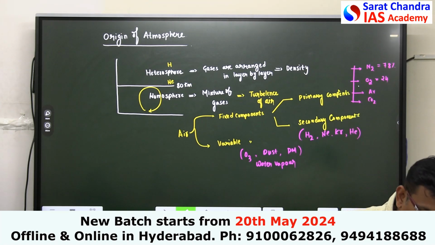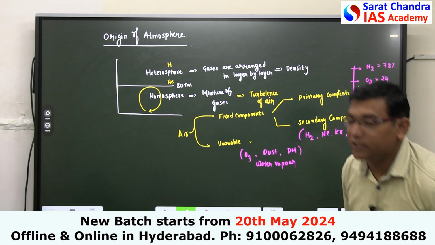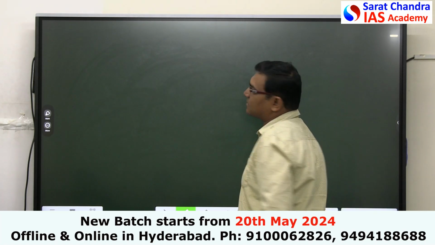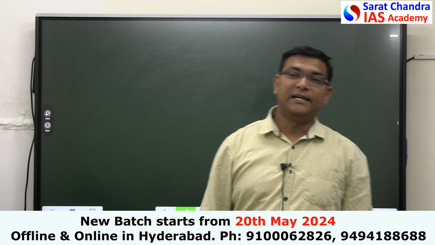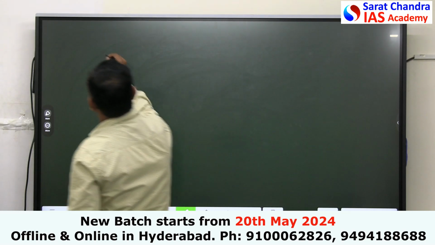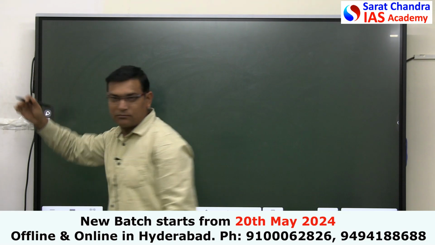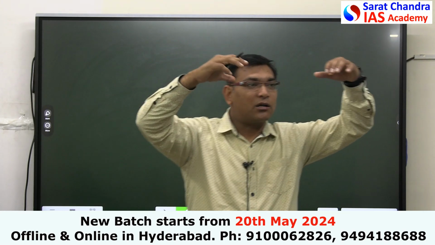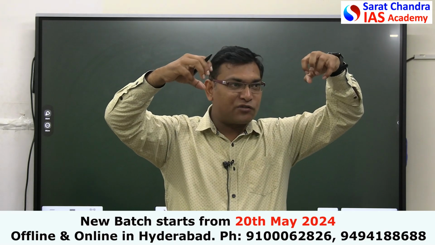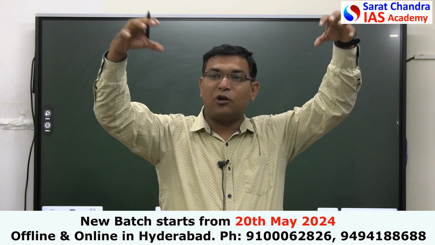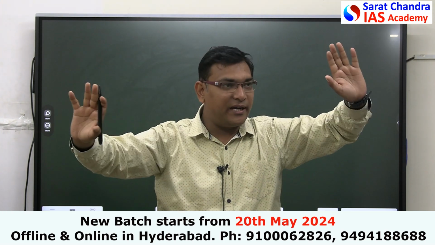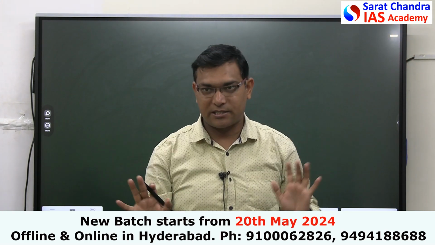Right? Then what is the origin of the atmosphere? How did the origin of the atmosphere take place? See, due to the Big Bang theory, you know the Big Bang theory? An explosion occurred, and the molecules which were exploded moved apart, cooled down, condensed, solidified, and formed the different planets.